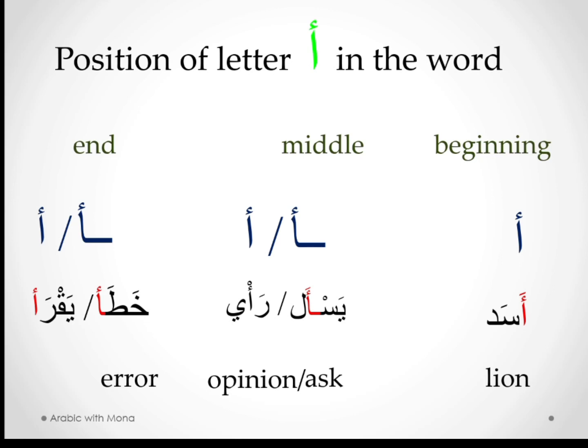In this word, Alif letter comes after Ra letter. Ra is a naughty letter also. It is never connected to the letters that come after. So Alif letter comes like this, separate. يقرأ is read.